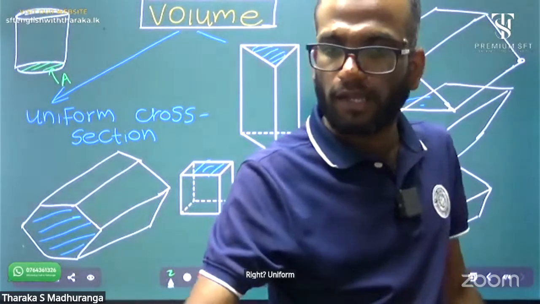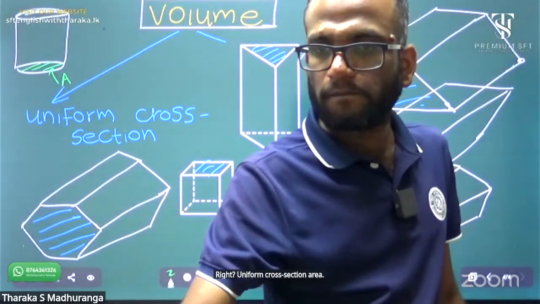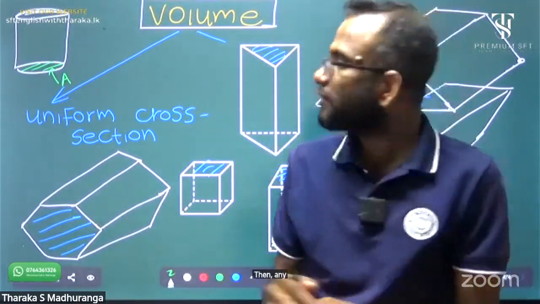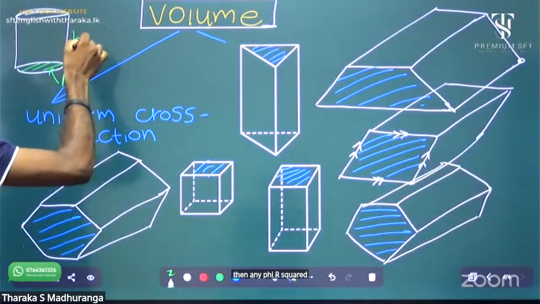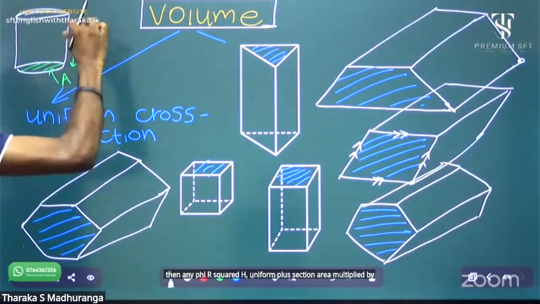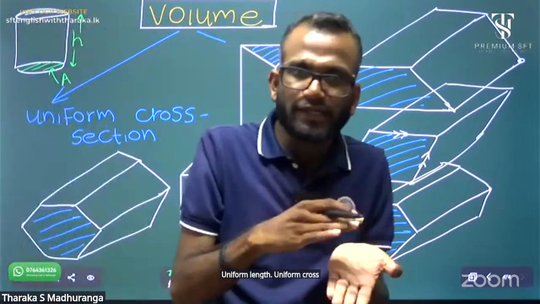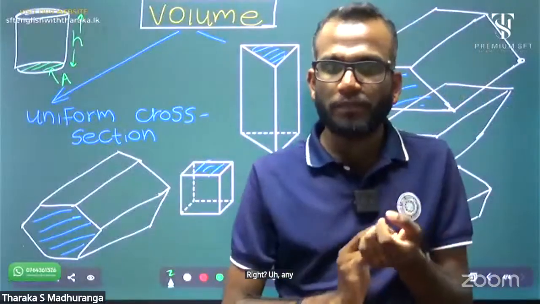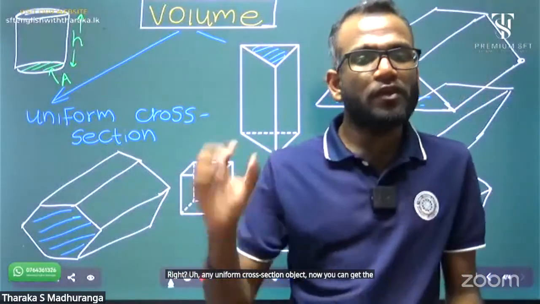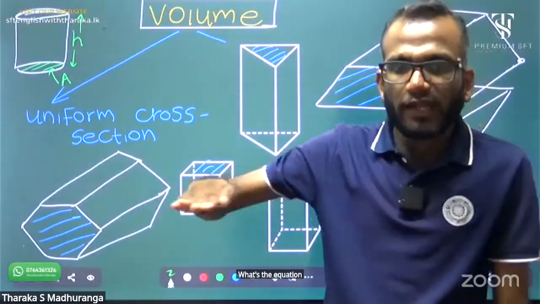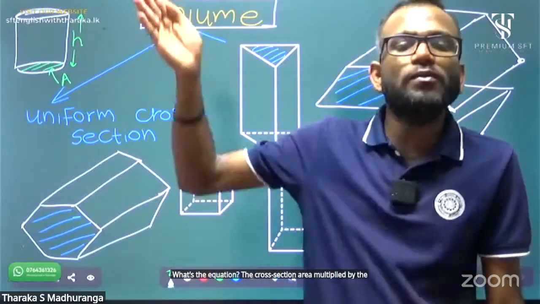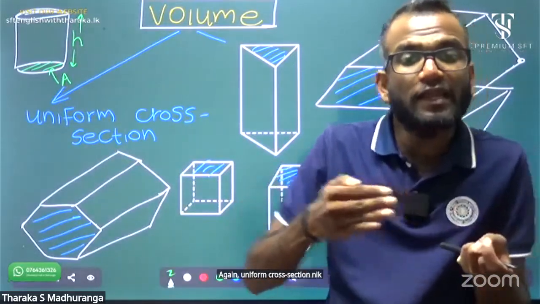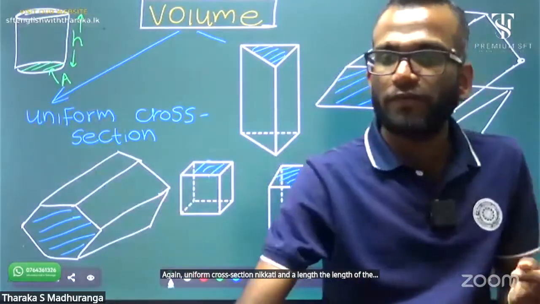Then pi r squared h is the uniform cross section area multiplied by the uniform length, the length over which the cross section stays uniform. For any uniform cross section object, you can get the volume: the cross section area multiplied by the uniform height or uniform length.